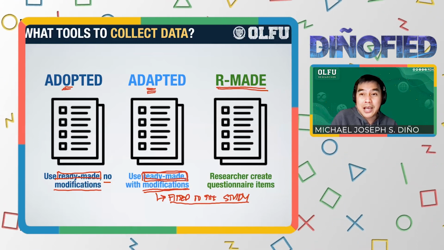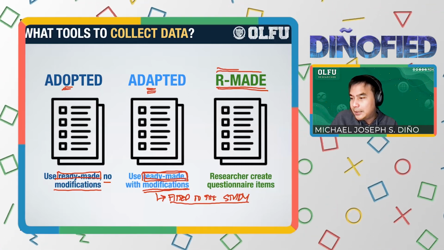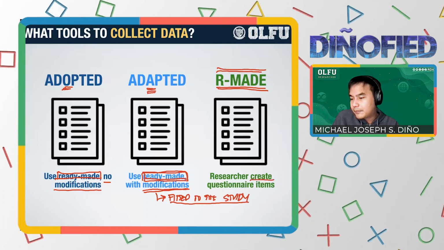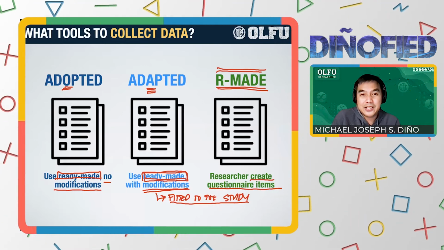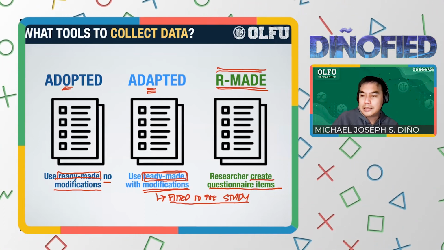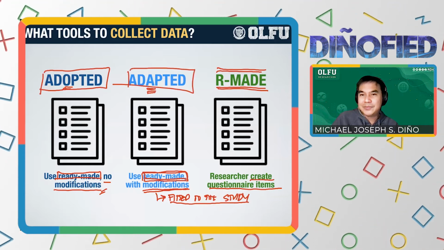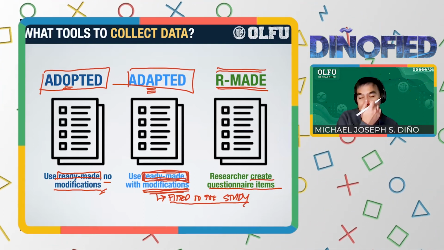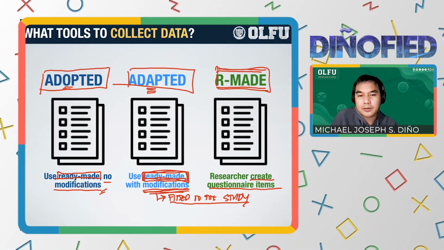So sometimes we create our own questions. That is called researcher-made, or questionnaires that are created by the researcher. So there are three types of questionnaires or tools: adopted, ready-made with no modification; adapted with an A, ready-made but you modify slightly to make it more fitted to the study; and researcher-made, where the researcher is the one who created the questionnaire items.